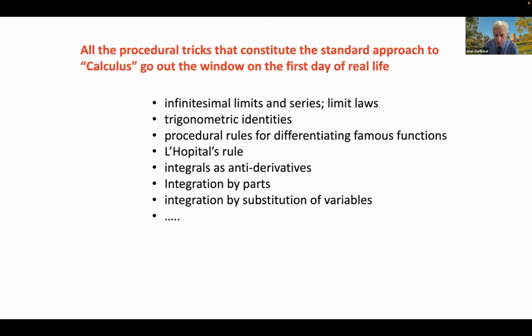because all the procedural tricks that constitute AP calculus go out the window on the first day of real life. And I mean all of these: L'Hopital's rule, finding the antiderivative, substitution of variables, rules for differentiating famous functions. All of these bullet points of AP calculus go out the window.